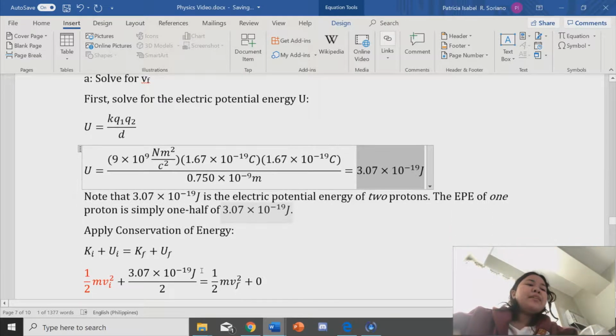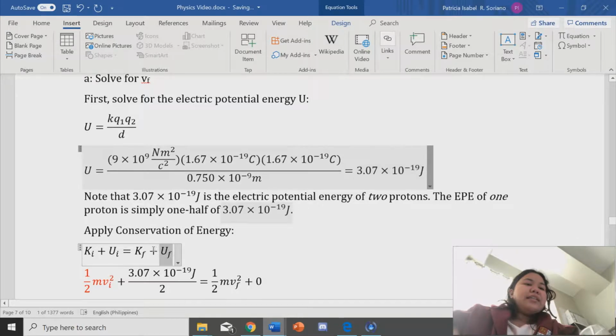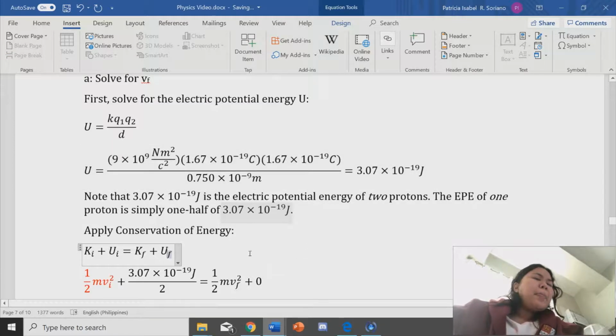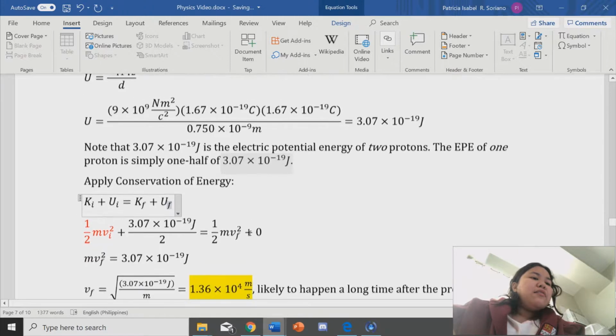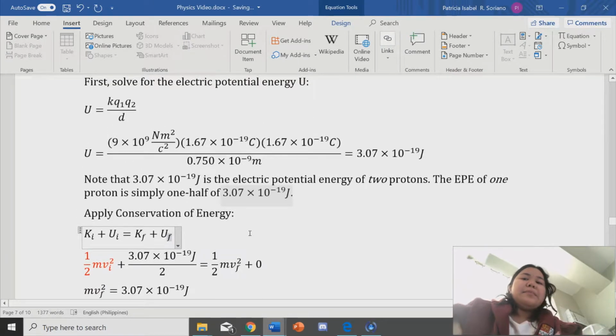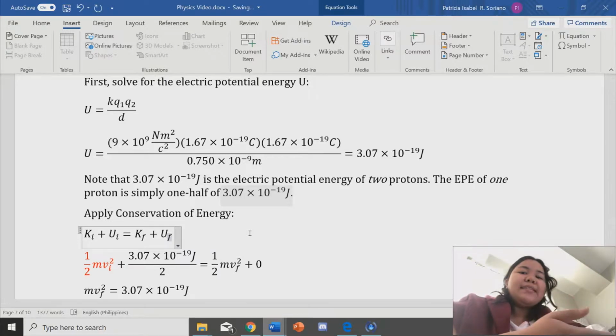Okay, so here we go. This is our Ki plus Ui is equal to Kf plus Uf. We should note that maximum speed is obtained once all potential energy is converted to kinetic energy.